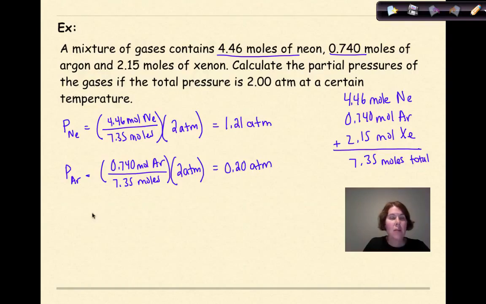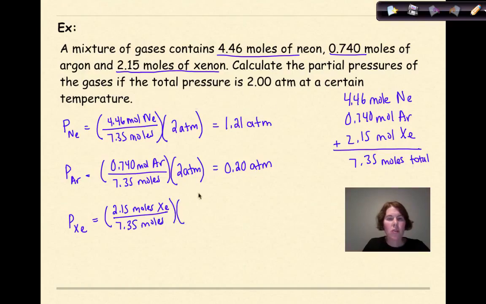And then finally, for my last gas, which is xenon, it's the partial pressure of Xe. So if I look back at my problem again, it says 2.15 moles of xenon. So 2.15 moles of Xe at the top over total moles, which is 7.35 moles, times the total pressure.